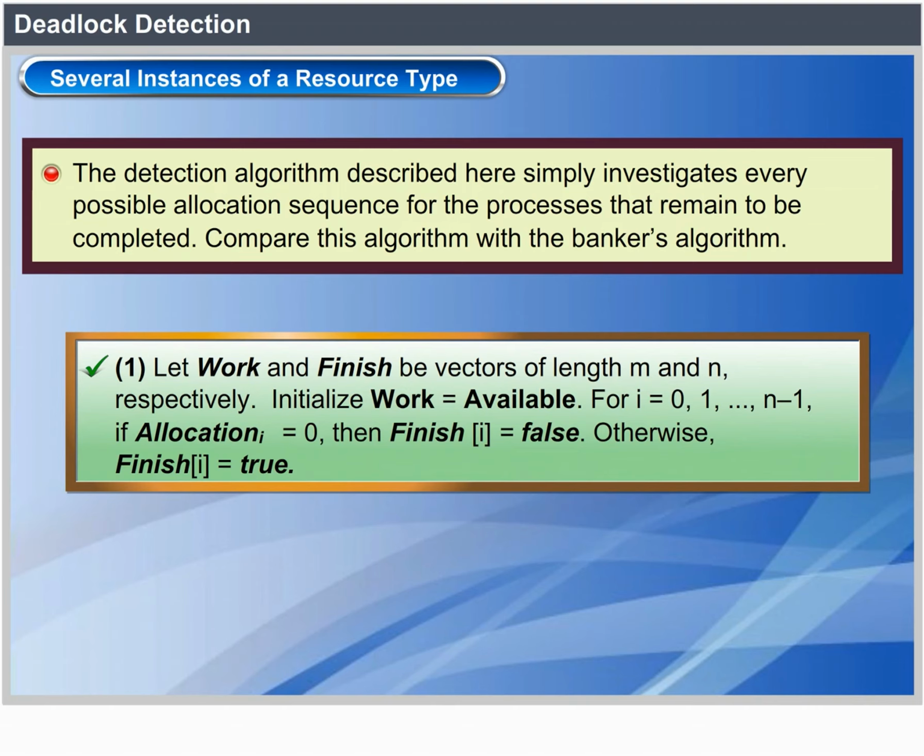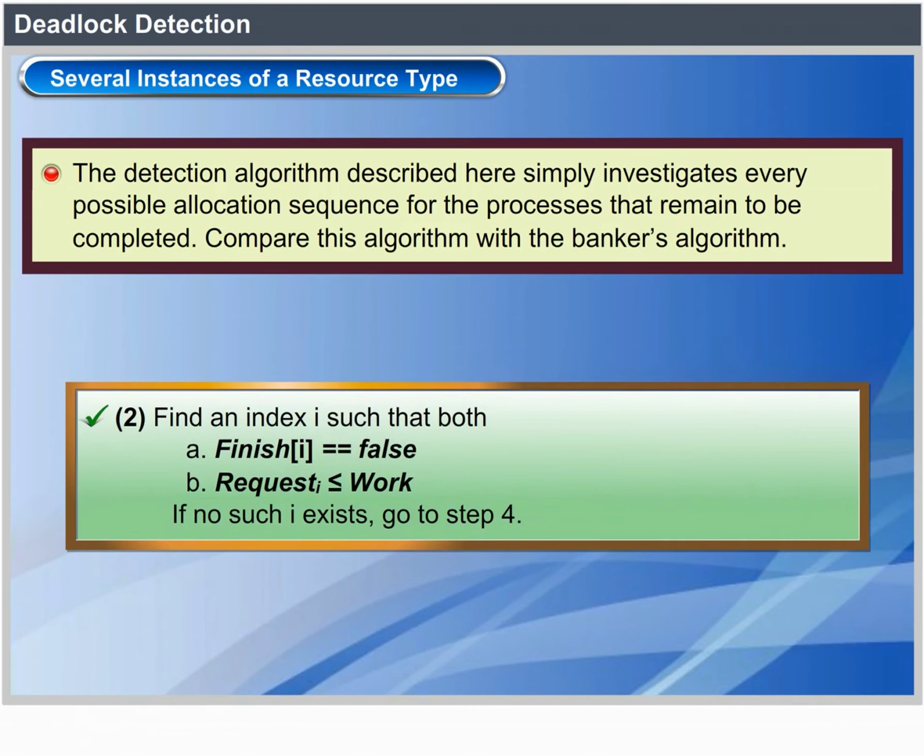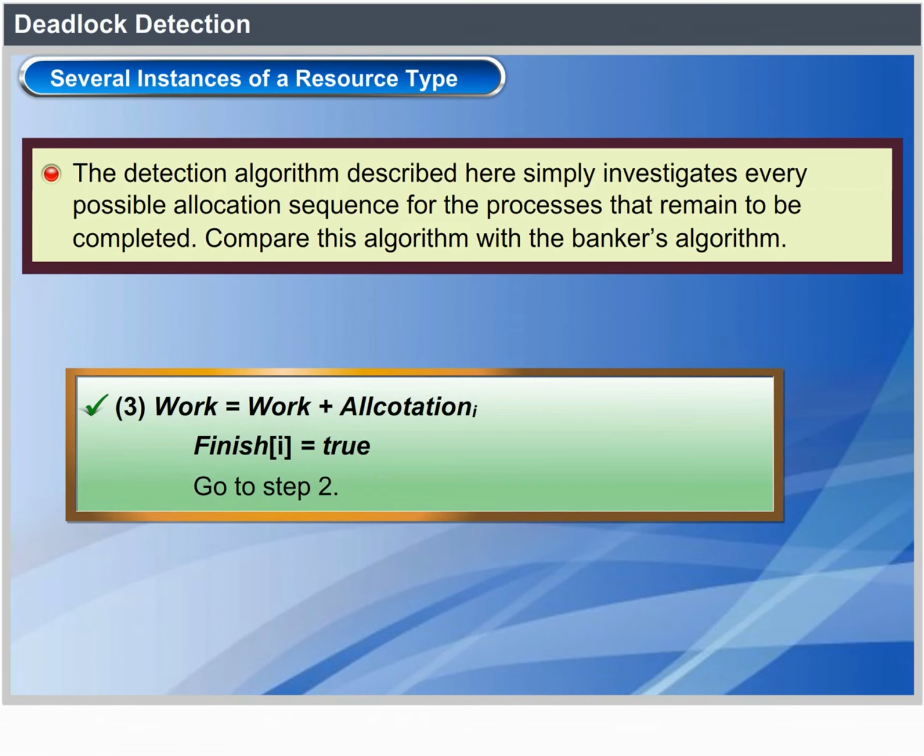Step 2: Find an index i such that both Finish[i] equals false and Request_i is less than or equal to Work. If no such i exists, go to step 4. Step 3: Work equals Work plus Allocation_i. Finish[i] equals true. Go to step 2.